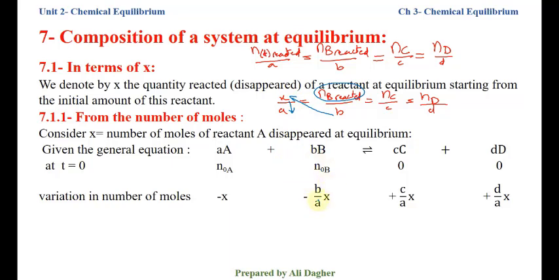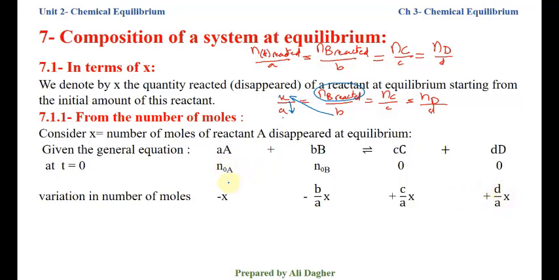Then B decreases by an amount equal to minus b over a X, because it decreases. For the product C, it increases by an amount equal to plus c times X over a, plus c over a X, and the same for the product D, it increases by plus d times X over a, then plus d over a X.